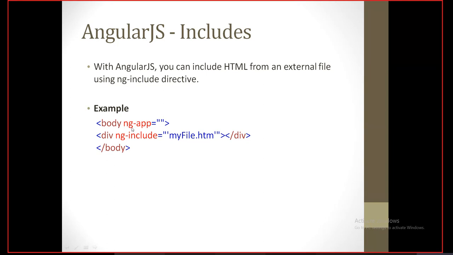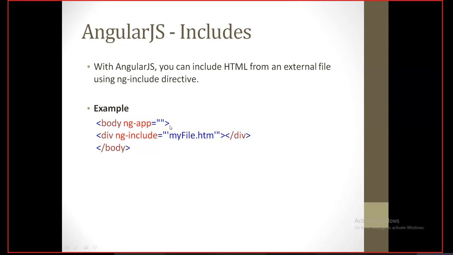As you can see, we have put the ng-app directive attribute on the body tag. In that, if we want to include any external file for a particular section, we will use the div tag with the ng-include directive. Otherwise, if we want to include that file for the entire body of the HTML page, we will put the ng-include attribute on the body tag only.